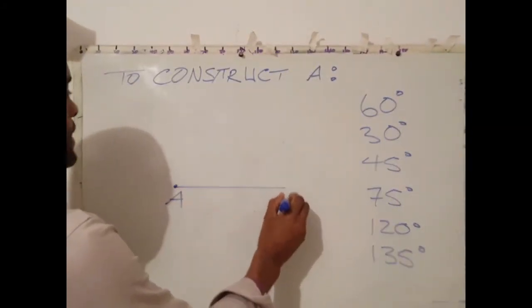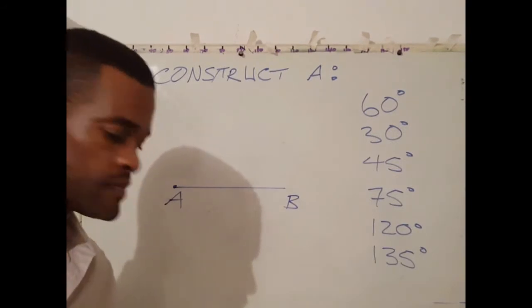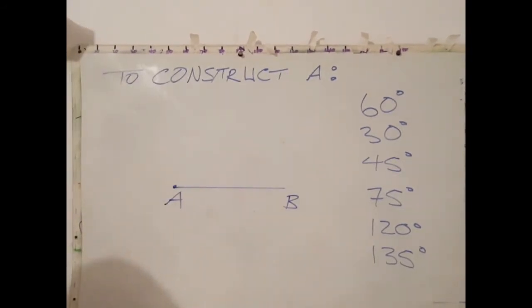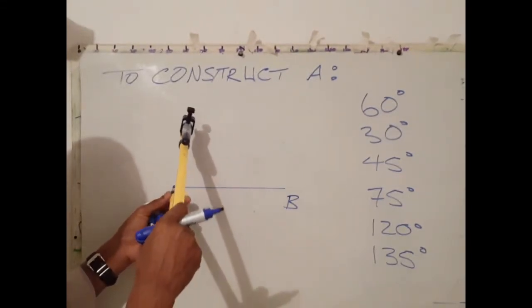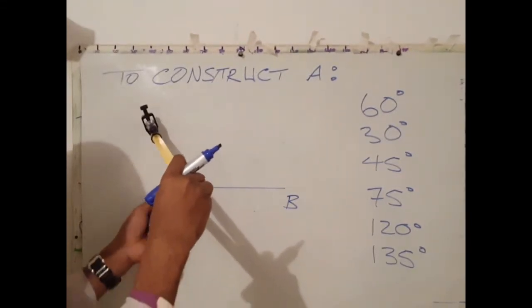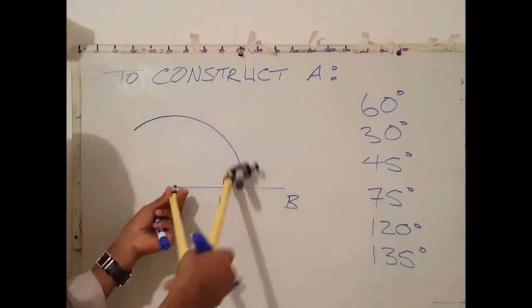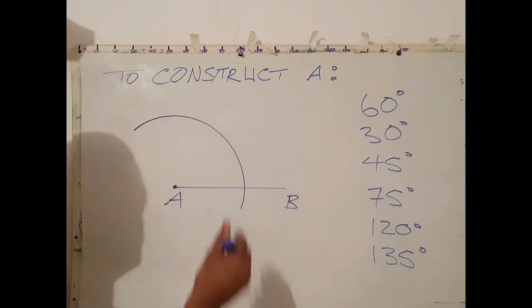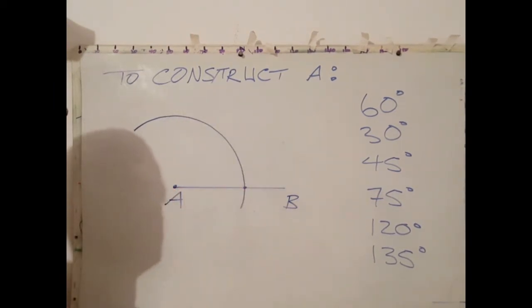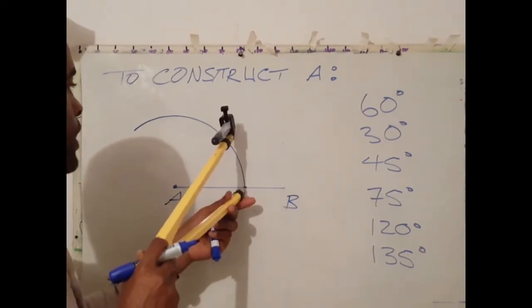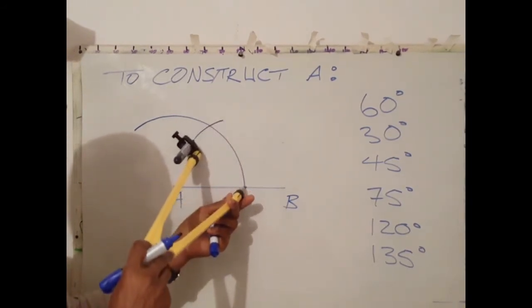Let's label this line AB. From point A, open my compass to a suitable radius, scribe an arc. At the point where the arc meets line AB, using that point as center, scribe an arc.